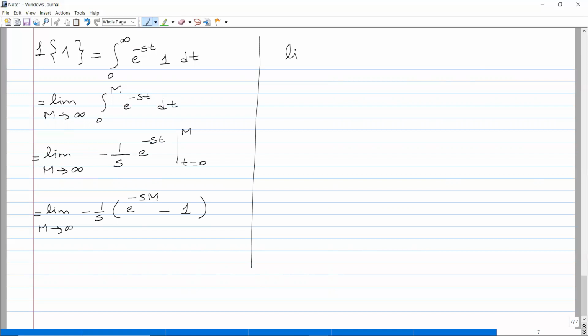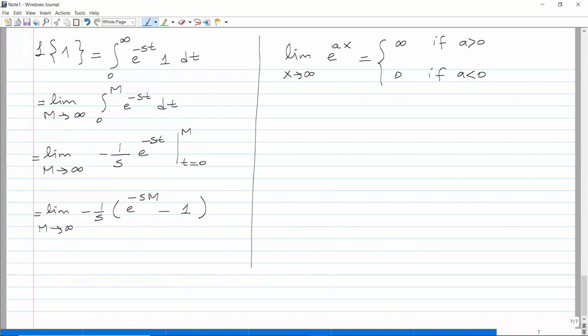So the limit as x goes to infinity of e to the ax. x is multiplied by a constant. If that constant is positive, the limit is going to be infinity. And if it is negative, it is going to be 0, because then we have 1 over the exponential function, which goes to infinity, so 1 over the exponential function goes to 0.